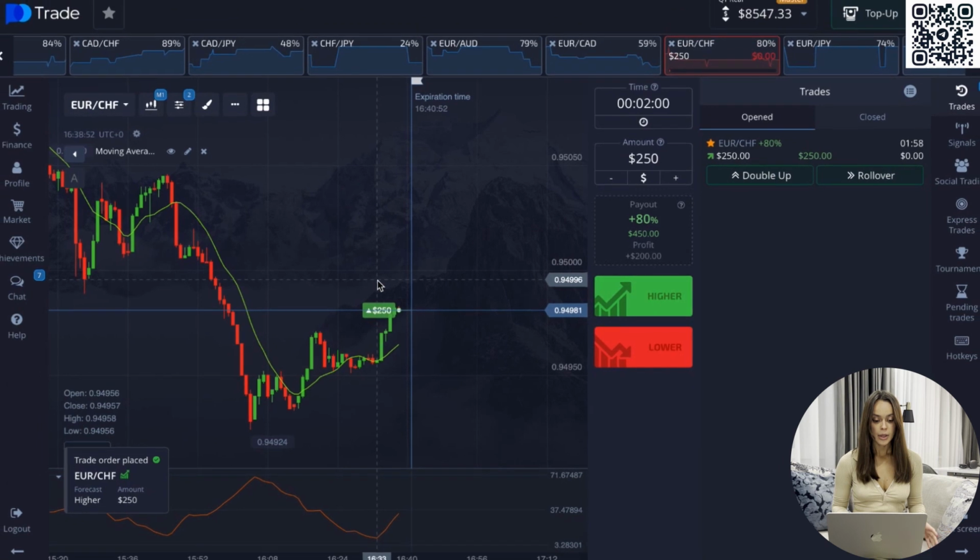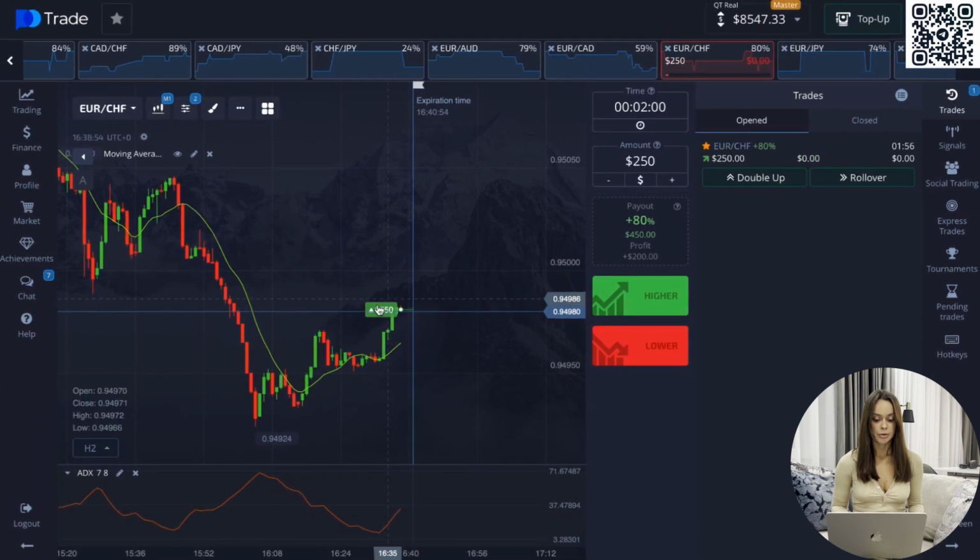In this example, I opened the position to increase because the price is drawn above the moving average line, which indicates an uptrend. The ADX indicator indicates that this trend is trend trading. We are waiting for the completion of this transaction.